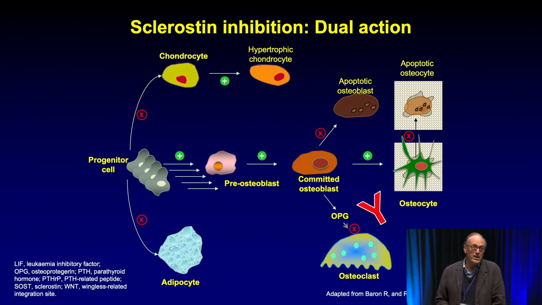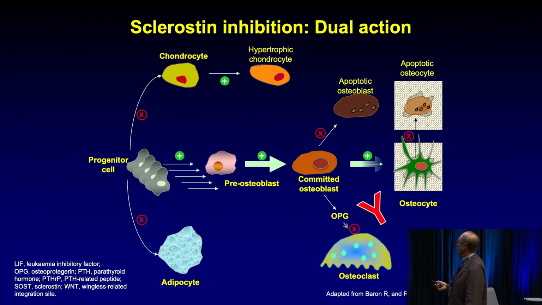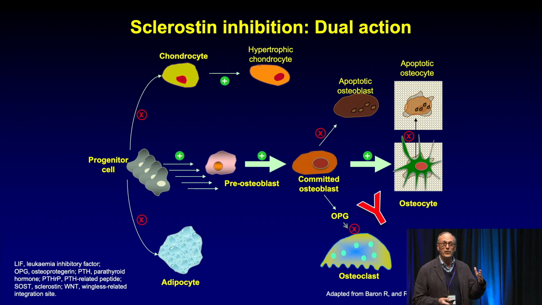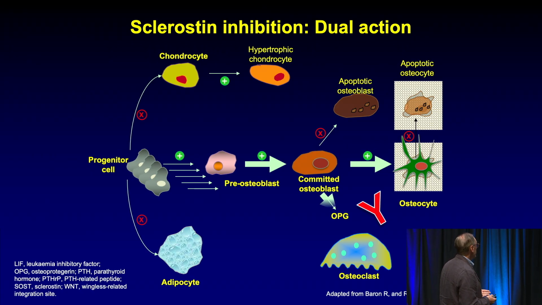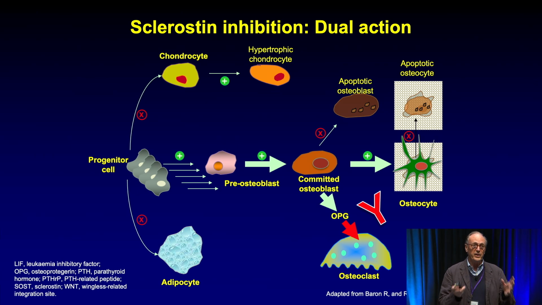The expectation was that if I do that, I block this negative feedback loop, and I expect that I'm going to favor osteoblast differentiation and bone formation. But we've learned in the meantime that the pathway also increases this cytokine, osteoprotegerin, which blocks bone resorption. So that's what we expect: an increase in bone formation, a decrease in bone resorption.